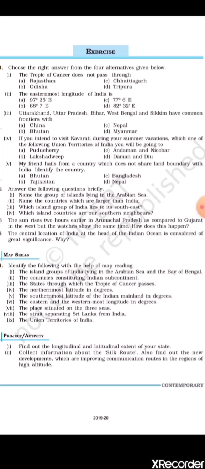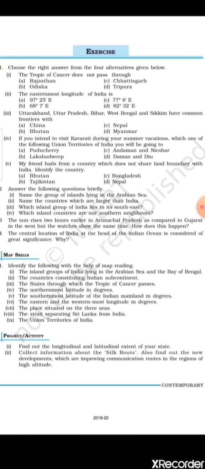How does this happen? I told you, student, that there is a time lag of 2 hours between Arunachal Pradesh and Gujarat due to the longitudinal extent, but our watches show the same time whether we are in the eastern part of the country or in the western part of the country.